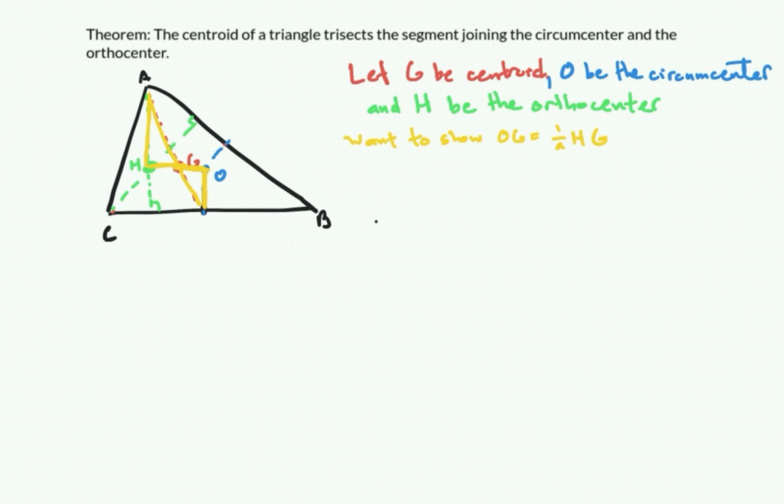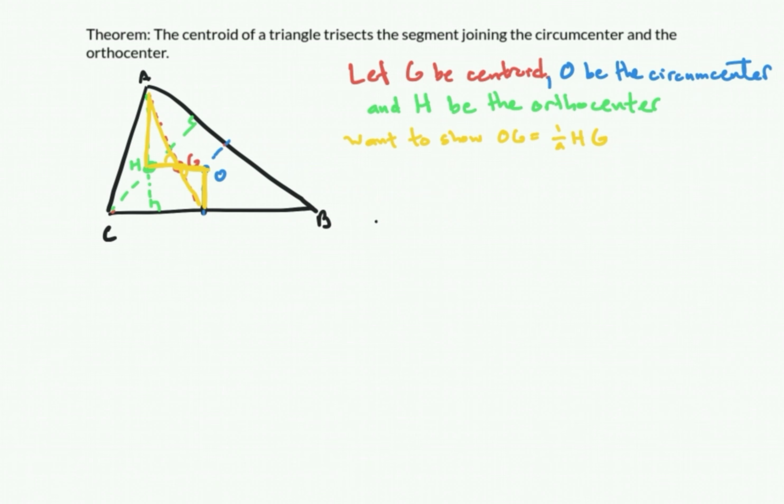Notice that these two triangles share this angle, right? So they share that angle, and I'm going to convince us in just a second that they are similar by some arguments. If I can show they're similar with a ratio of 2 to 1, I'll be in business. Okay?